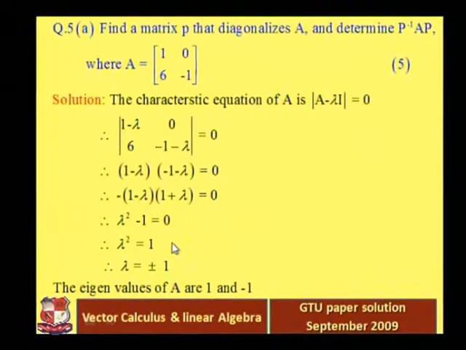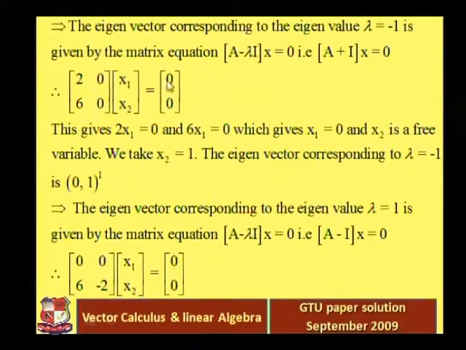Okay, now the next target is to find the eigenvector corresponding to 1 and minus 1. First we find the eigenvector corresponding to lambda equal to minus 1. The eigenvector corresponding to the eigenvalue lambda is given by the matrix equation A minus lambda I into x, that is equal to 0.